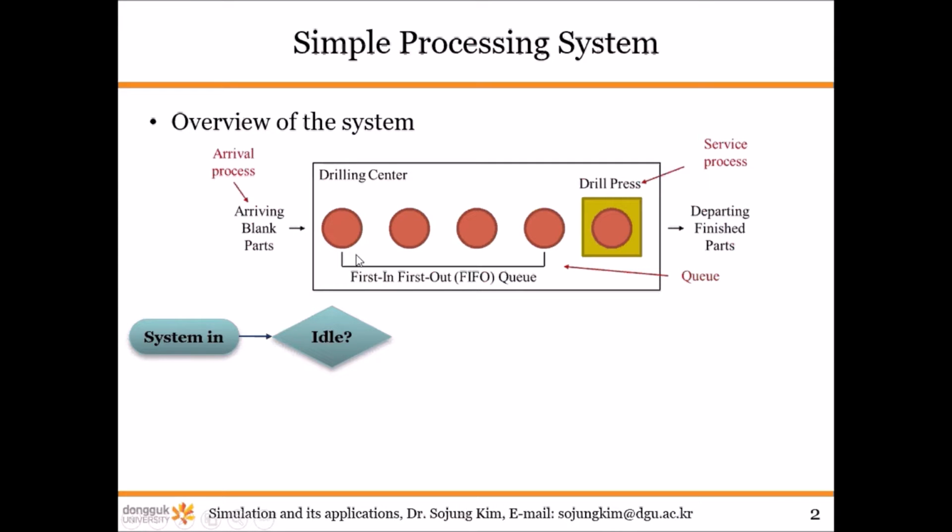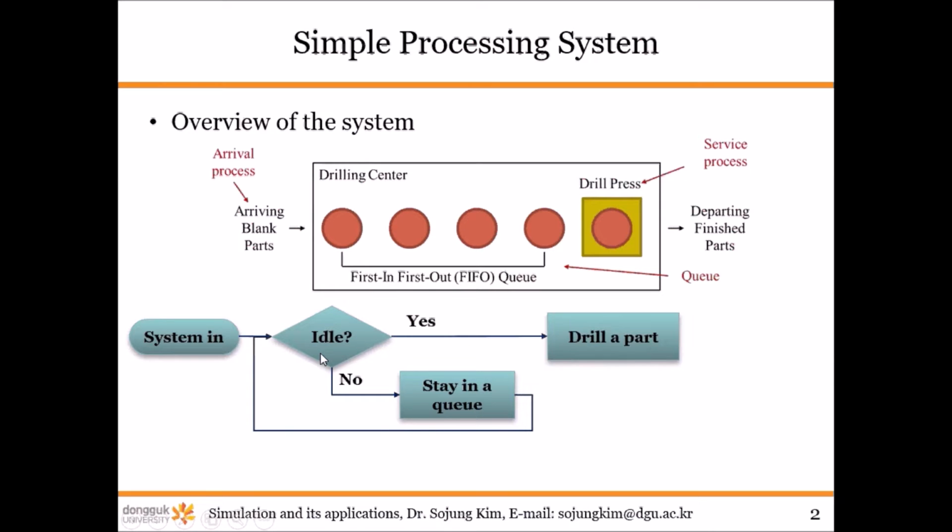So once a part enters the system, it should check the availability of the server. If the server is idle, the part will seize the drill press. However, if not, in other words, it is already seized by another part, then it should be in the queue.